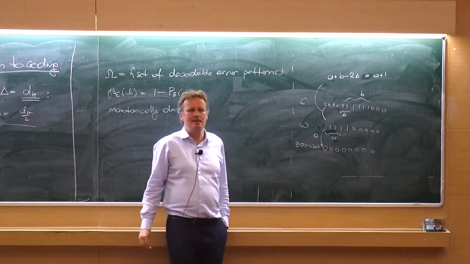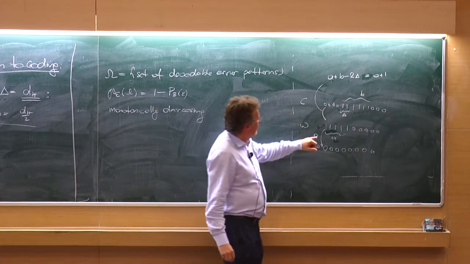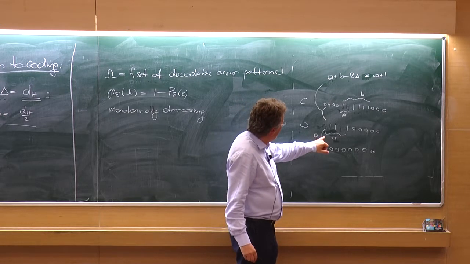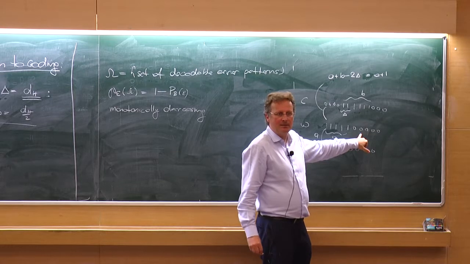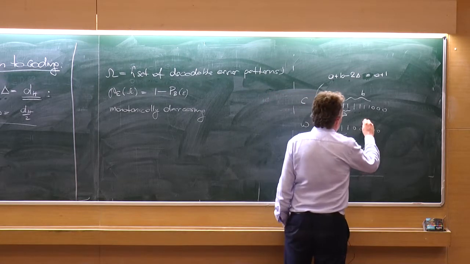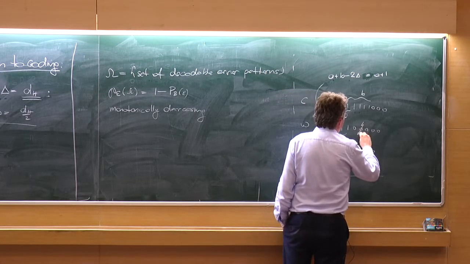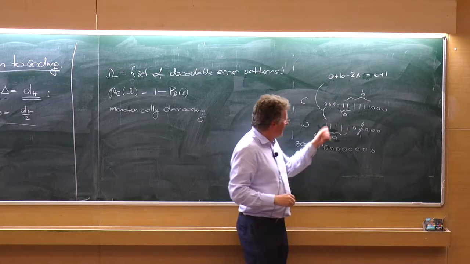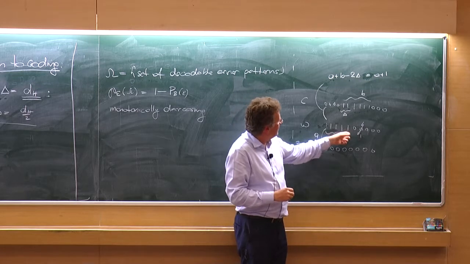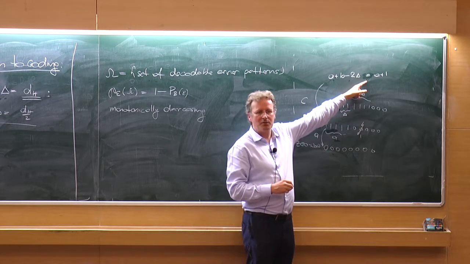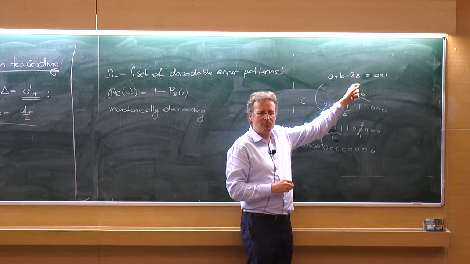Then let's have a look. If I added an error 1 here, then this distance from here to here would go from a to a plus 1. But this distance from here to here would go to a because it would be 1 less, and suddenly this would be larger.